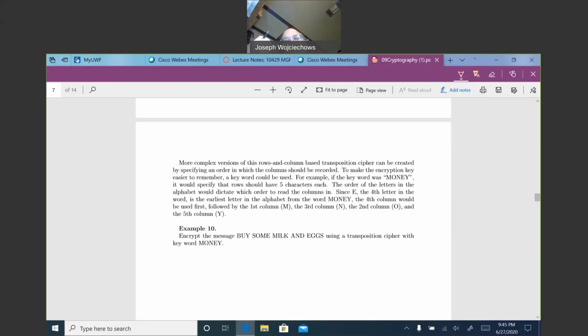For example, if the keyword was money, it would specify that rows should be 5 characters each, 5 letters of money. The order of the letters in the alphabet would dictate which order to read the columns in. So since E is the earliest letter in the alphabet from the word money, and it is the 4th letter in the word, the 4th column would be first, followed by the 1st column, the 3rd column, the 2nd column, and the 5th.